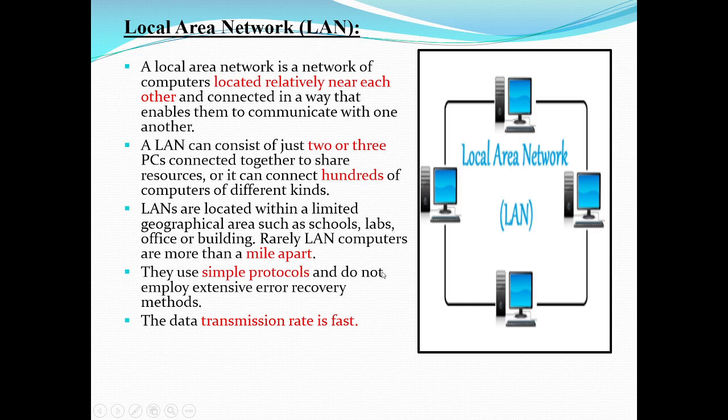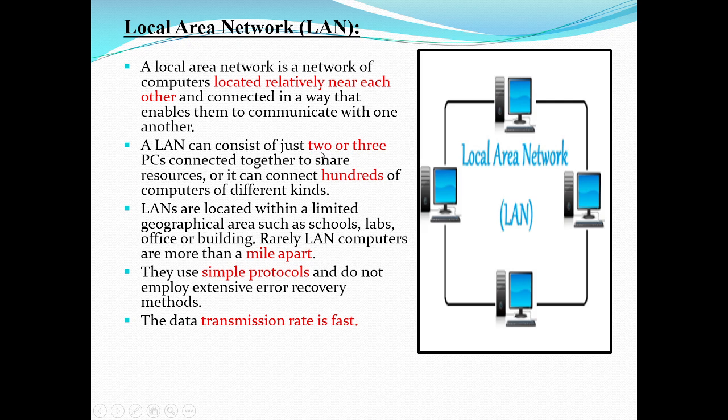Now let us move to each of these networks to know them in detail, starting with the local area network. In a local area network, the computers are located relatively near each other. How much distance? It can be a mile apart. And how many computers can be used in this LAN?